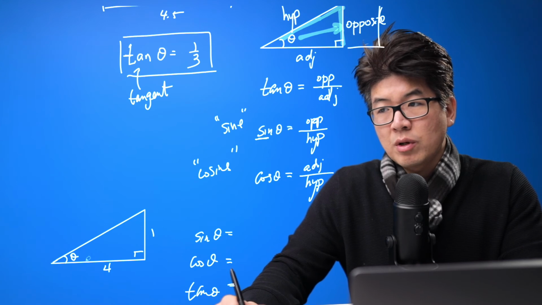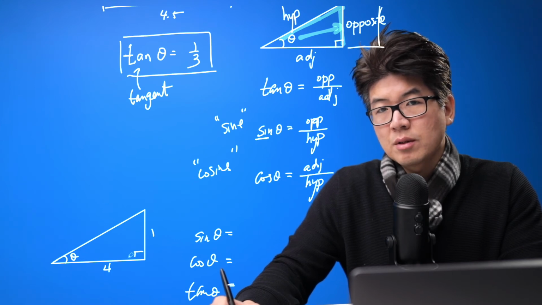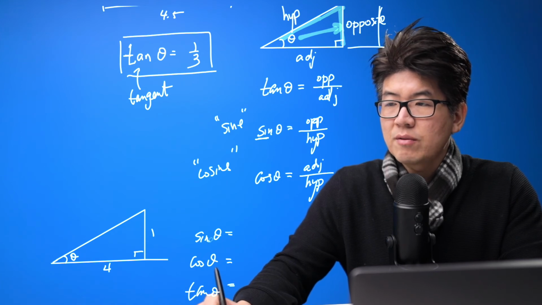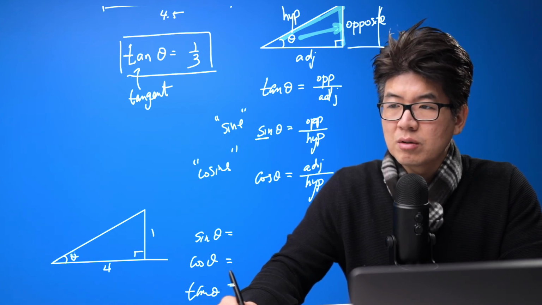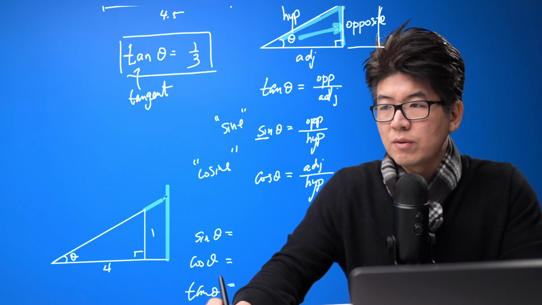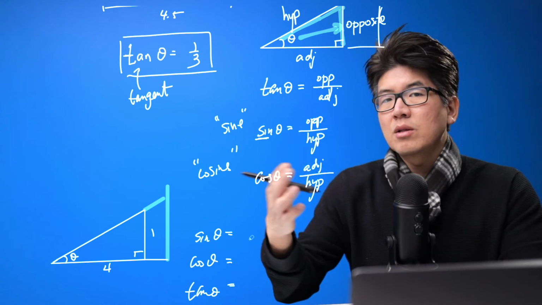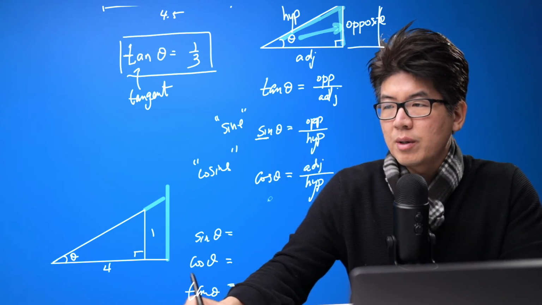We're given one triangle with two of the sides, so we can find the ratio. Although, really, sine of theta is referring to any triangle with this angle and a right angle, so it could be the ratio for even something bigger like this. We'll get into more of that distinction later, but let's do this one here.